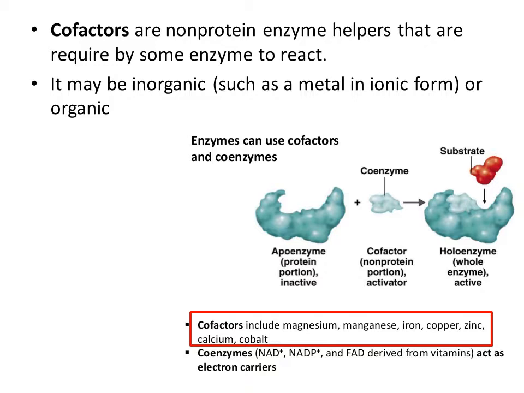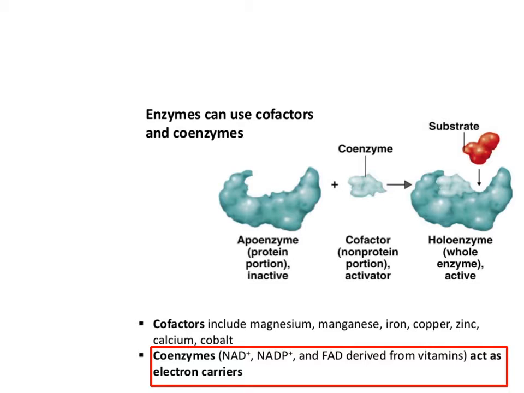Some examples are magnesium, manganese, iron, copper, zinc, calcium, and cobalt. These are some of the trace elements that we talked about previously in Unit 1. So these cofactors must help complete the structure of the enzyme in order to turn it on.